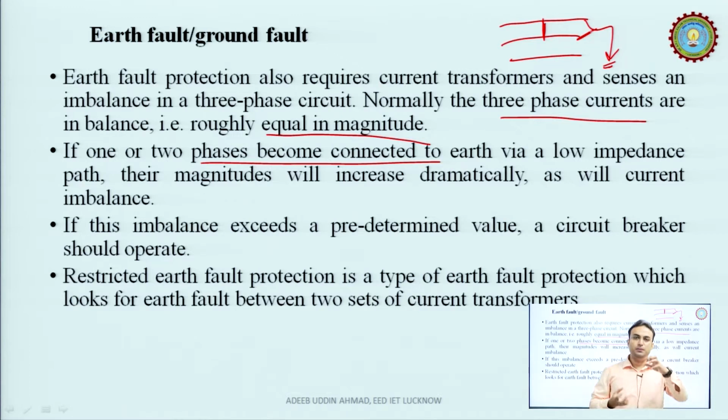So, this is the basic phenomenon: when there is an imbalance between the currents in the three lines of the power system, the current is compared with the predetermined or normal operating value. If the current exceeds it, we can say this is a faulty condition and the circuit breaker will operate. So, this is earth fault or ground fault protection.